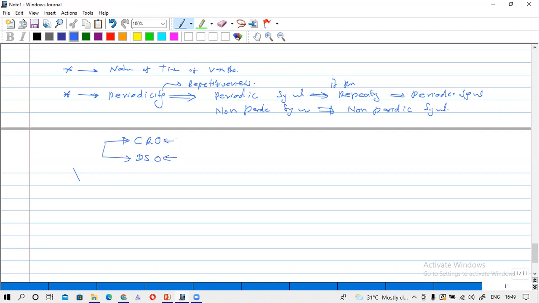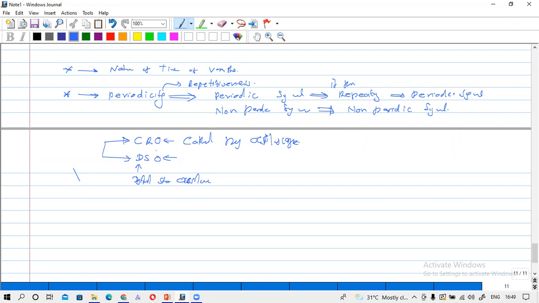DSO means digital storage oscilloscope. CRO means cathode ray oscilloscope. Can you remember this?